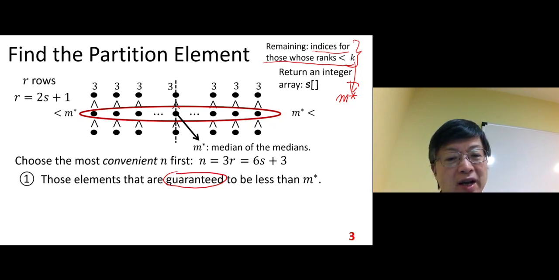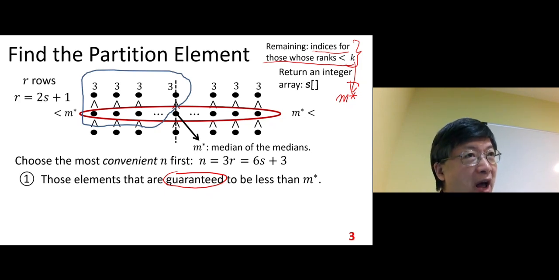So from the diagram, can you find those elements that are guaranteed to be less than M star? Here, let me draw that part. This block, look at the elements in this block. Are they guaranteed to be less than M star?